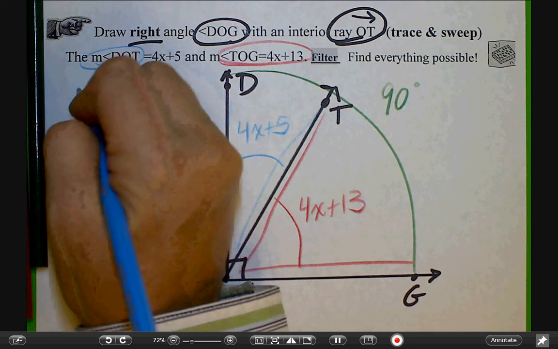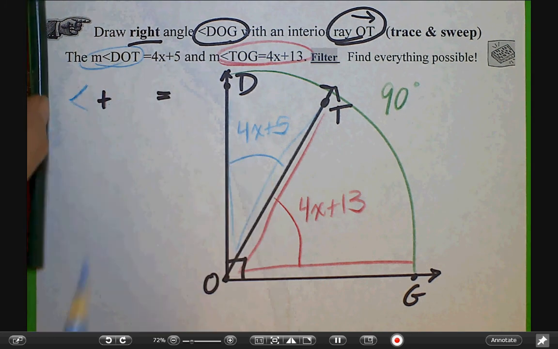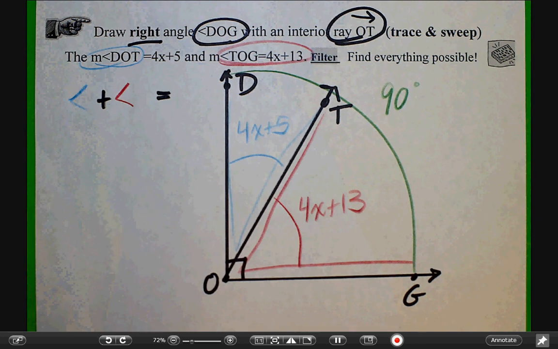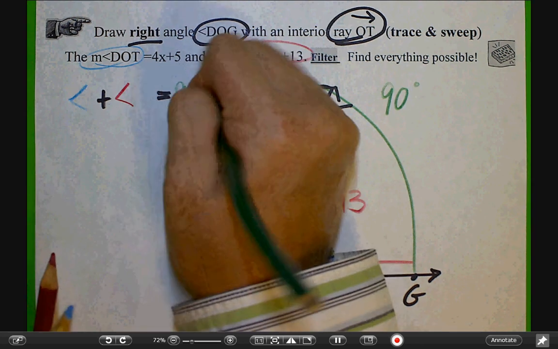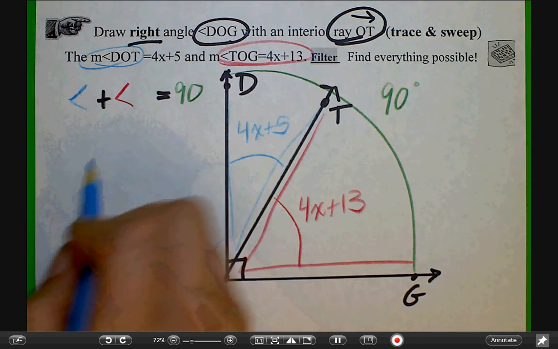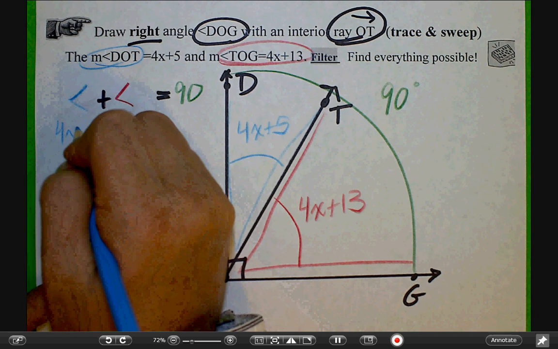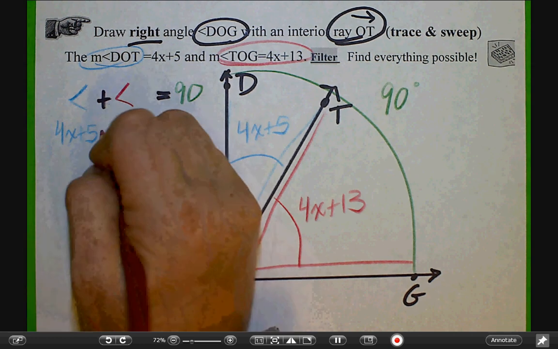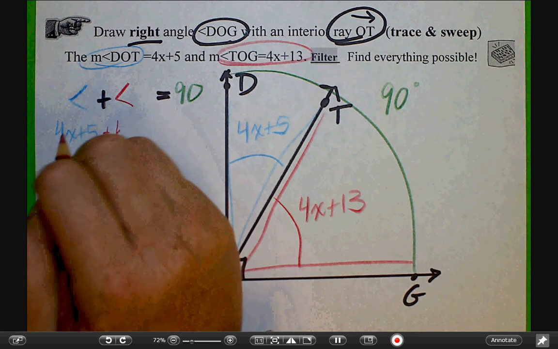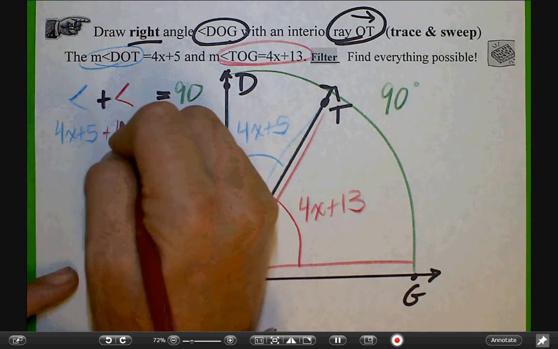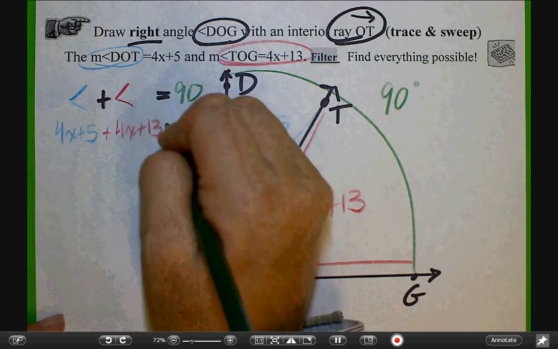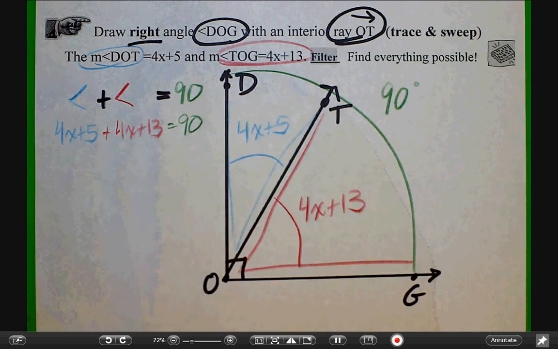But we can say that the blue angle plus the red angle equals 90 degrees. So you should have 4x plus 5 plus 4x plus 13 equals 90.